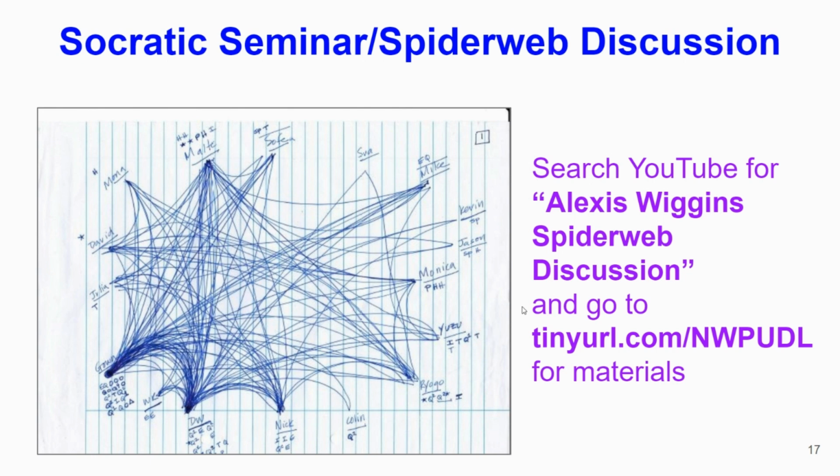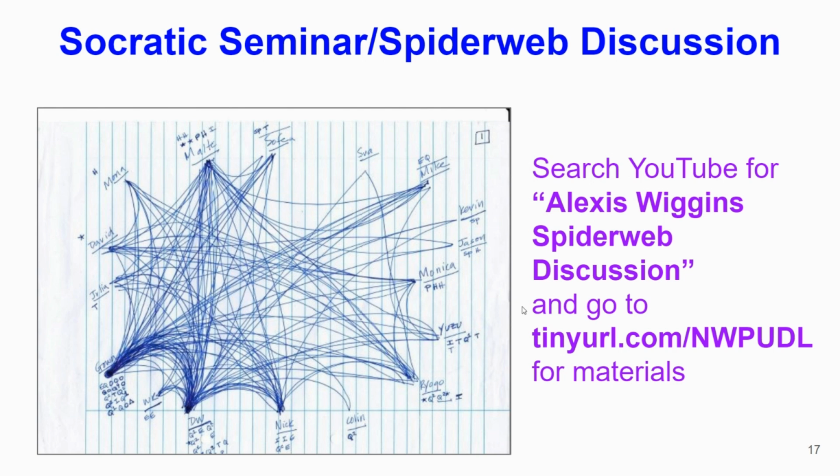And another one, and the reason we're talking about spiderweb instead of just Socratic seminar, though there's nothing wrong with that, lots of good materials from AVID if you look online, you can search YouTube for Alexis Wiggins' spiderweb discussion. So Alexis Wiggins, heir to the throne for the UbD fame, is also the writer of The Best Class You Never Taught, a fantastic book if you haven't read it.